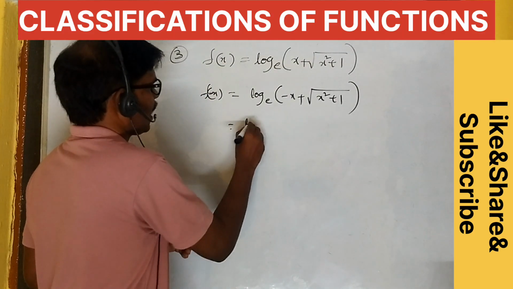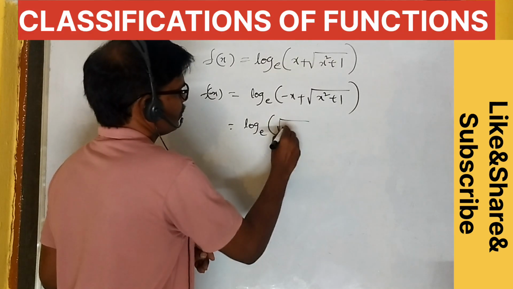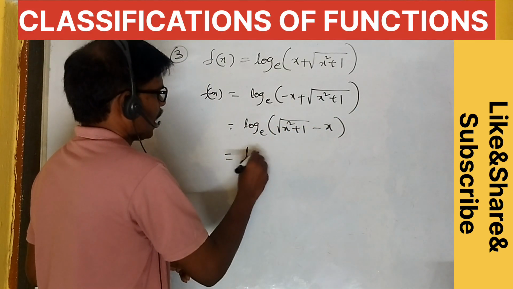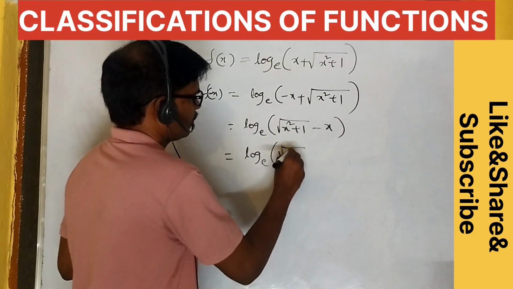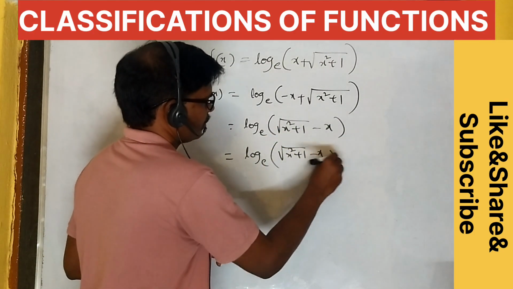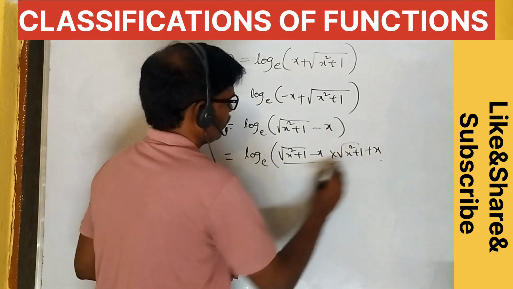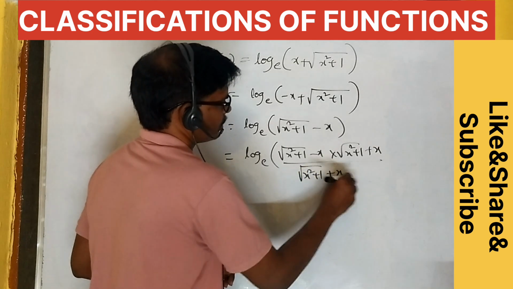This is written as log base e of square root of x square plus 1 minus x. Rationalize: multiply by square root of x square plus 1 plus x over square root of x square plus 1 plus x.